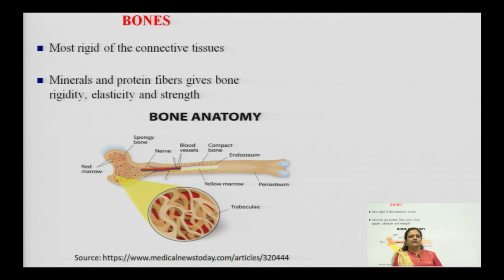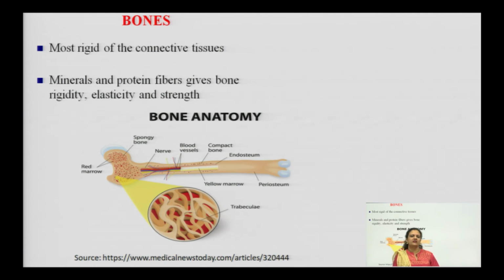Okay. So here in the bone connective tissues, the minerals and protein fibers give the bone rigidity, toughness, elasticity as well as strength. So from where are minerals and proteins coming to this bone tissue? Through the systemic circulation. Okay.